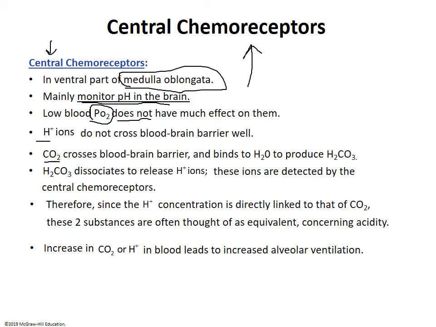Now, hydrogen ions generally don't cross the blood-brain barrier. There's a little protection that helps keep them out, because the brain is really sensitive to pH changes. So when carbon dioxide crosses, it's going to change into what's called carbonic acid. Now, we've looked at this.